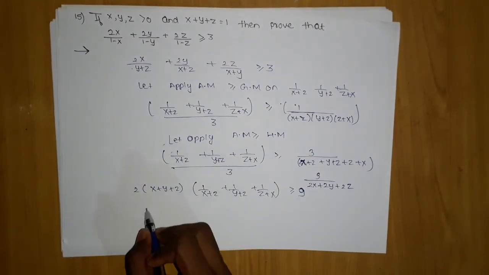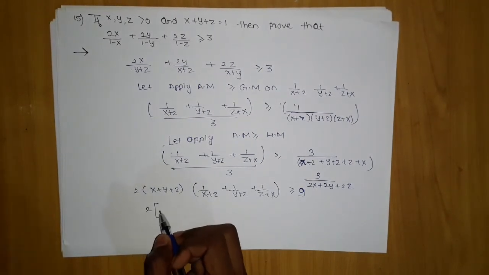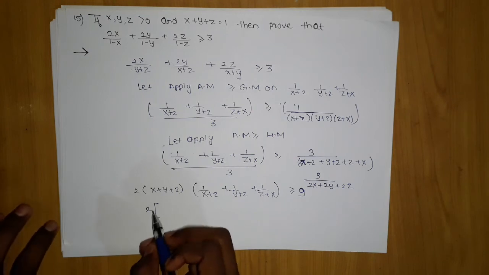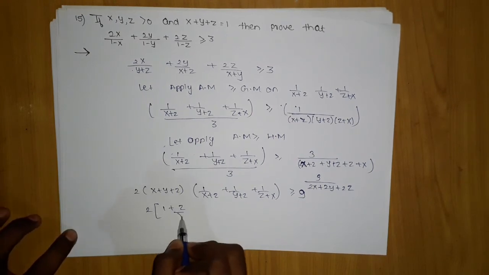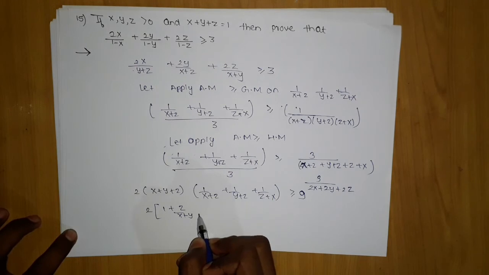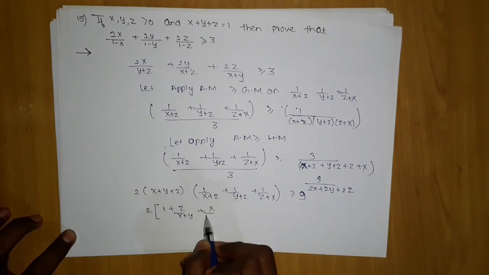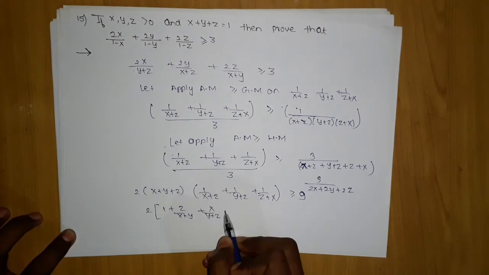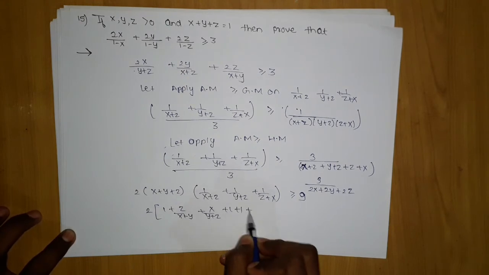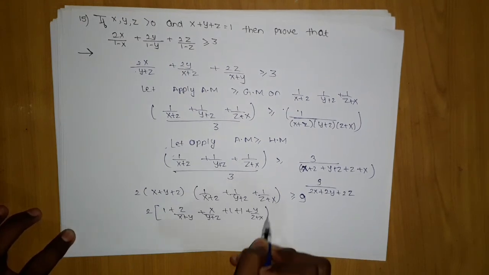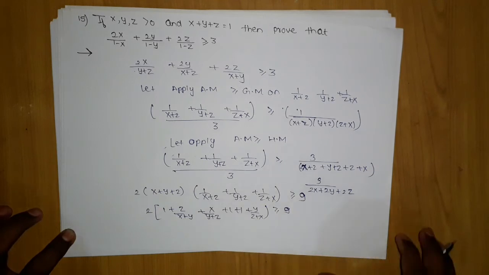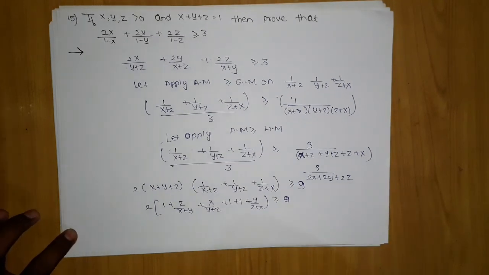1 upon z plus x multiplied by 9. And here if I multiply what I have, I will get 1 plus z upon x plus y, 1 plus x upon y plus z, plus 1 plus y upon z plus x greater than or equal to 9. Okay, so here 1 is still there.